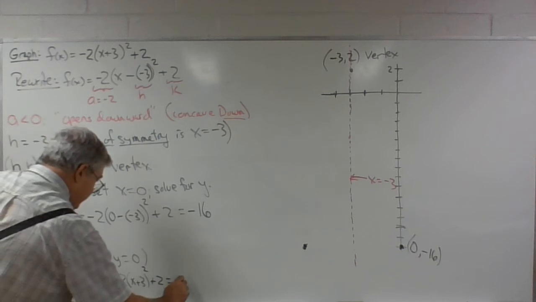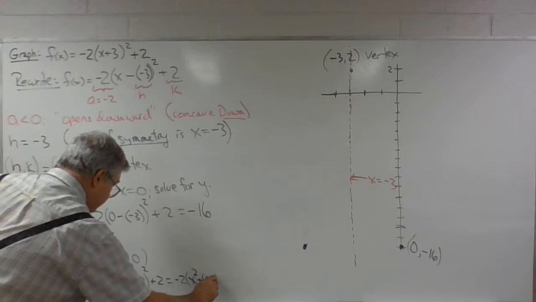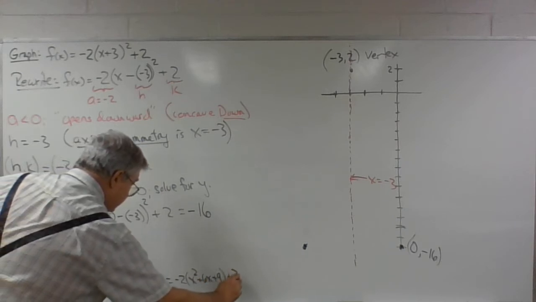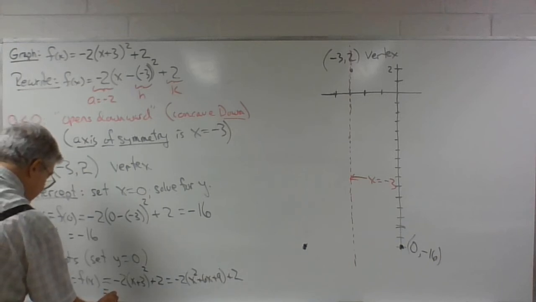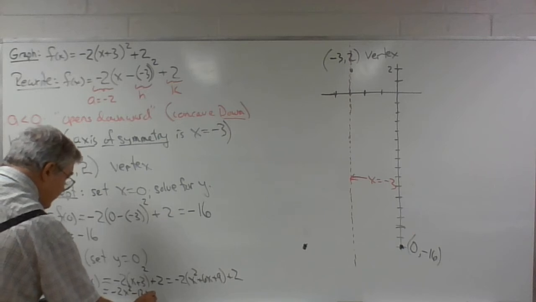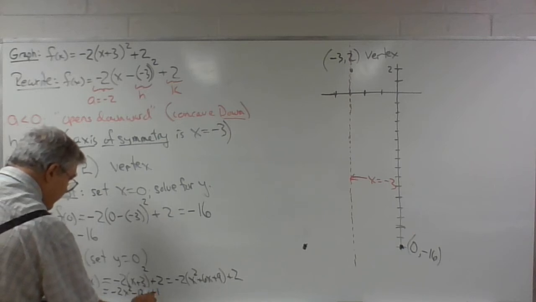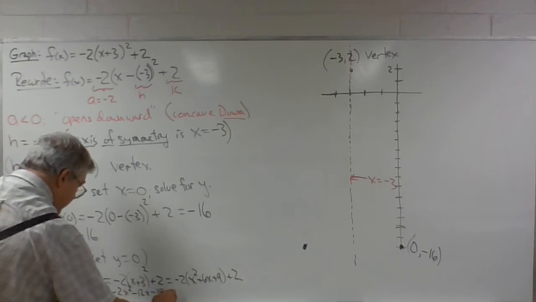Which equals negative 2 times (x squared plus 6x plus 9) plus 2, which equals negative 2x squared minus 12x minus 18, plus 2.